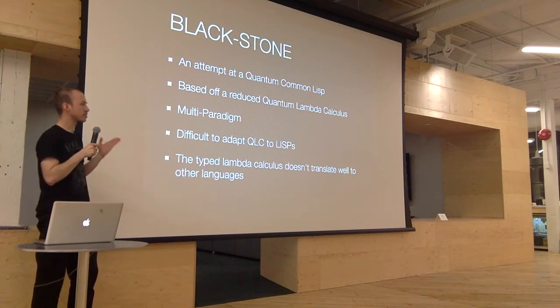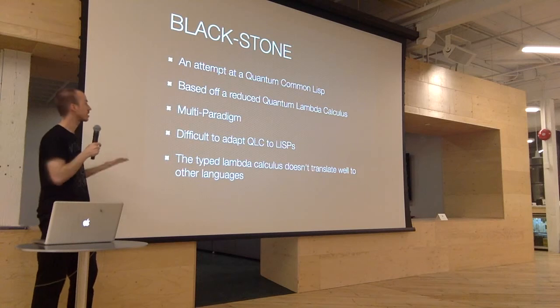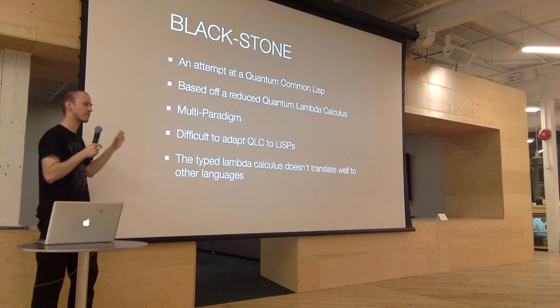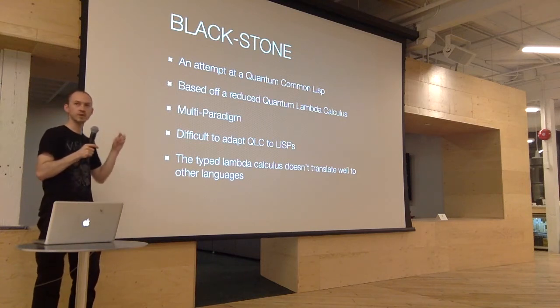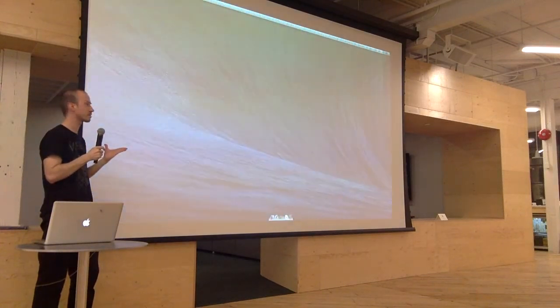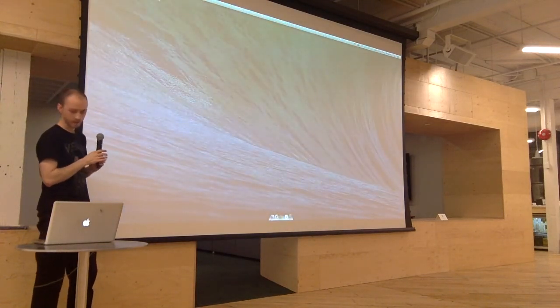And I assumed that it would be no problem to do a dynamically typed quantum lambda calculus. And I really, really wanted to step back from the idea of these purely quantum function objects, and let's actually have quantum states.